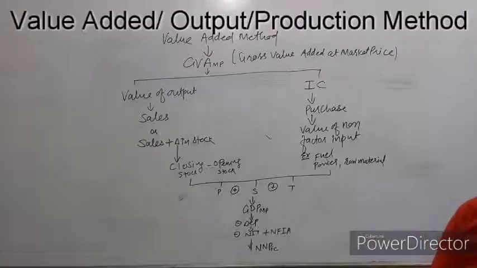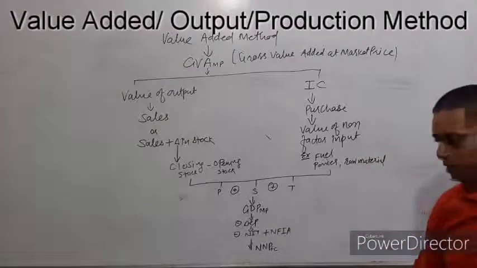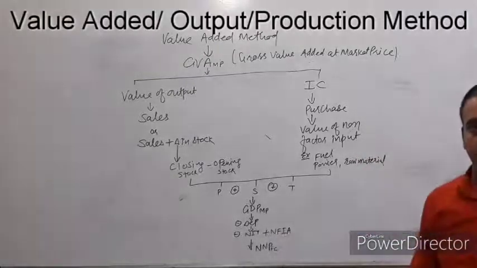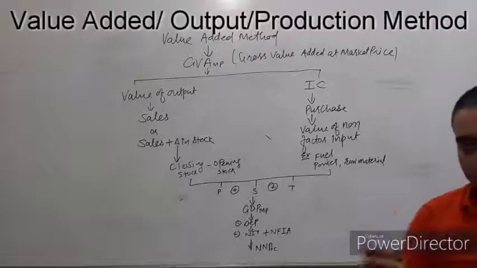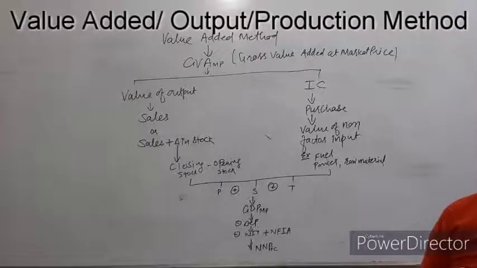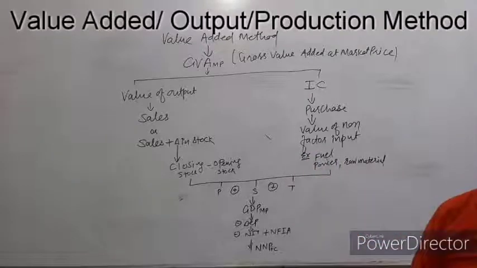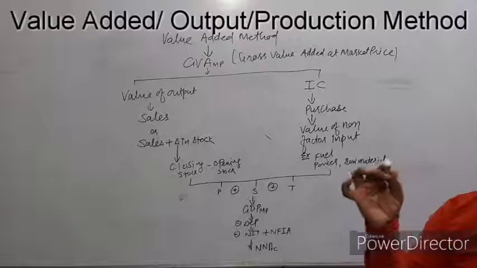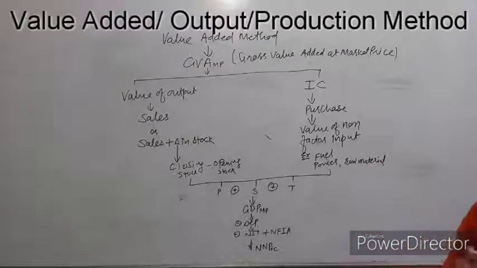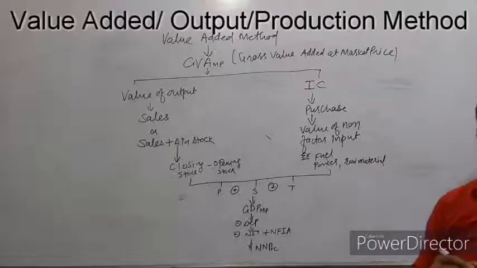We have to understand some terms related to this one. Here is depreciation. We have to remember that depreciation means reducing the value of fixed assets. Like that, you know very well, if you purchase any type of machinery, after some time its value will be reduced.